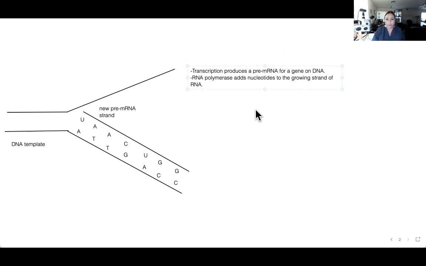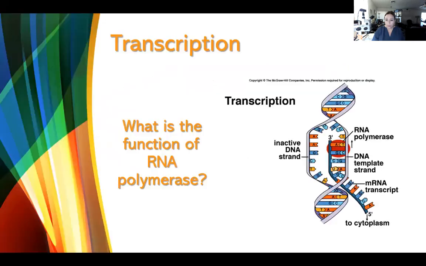Let's go back here. So this slide shows you RNA polymerase. It is that reddish oval you see in the picture, and it is adding RNA nucleotides to the growing strand of RNA. So DNA polymerase adds DNA nucleotides to a growing strand of DNA.